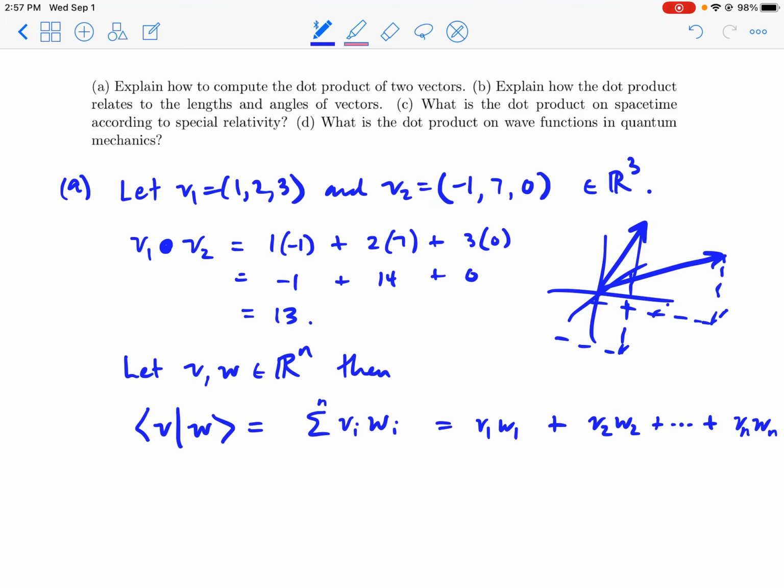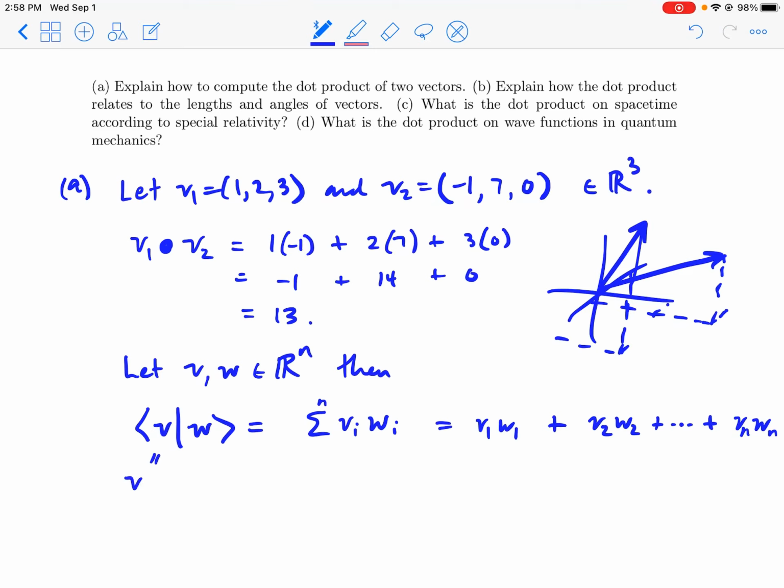When the vectors are in R3, there are 3 terms in the sum, and each term is a product of entries. So 1 times -1, added to 2 times 7, added to the product 3 times 0.